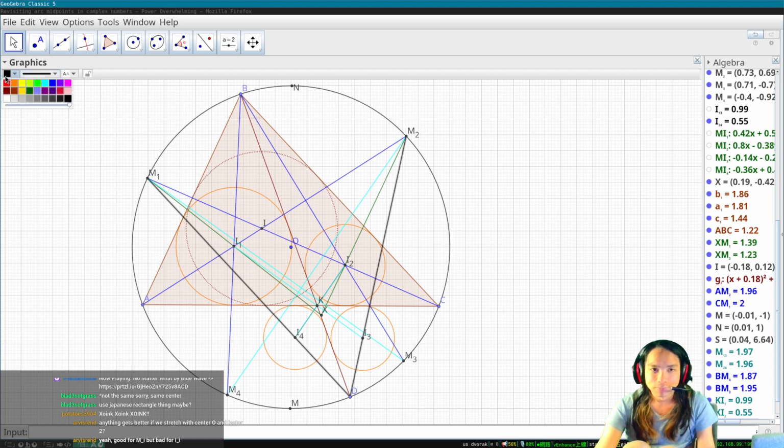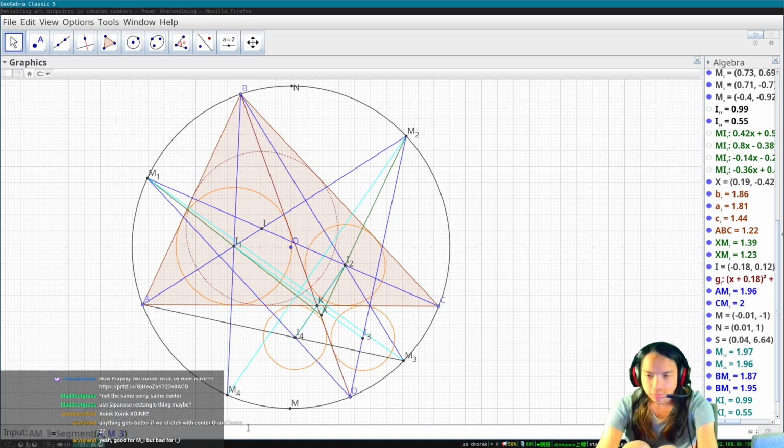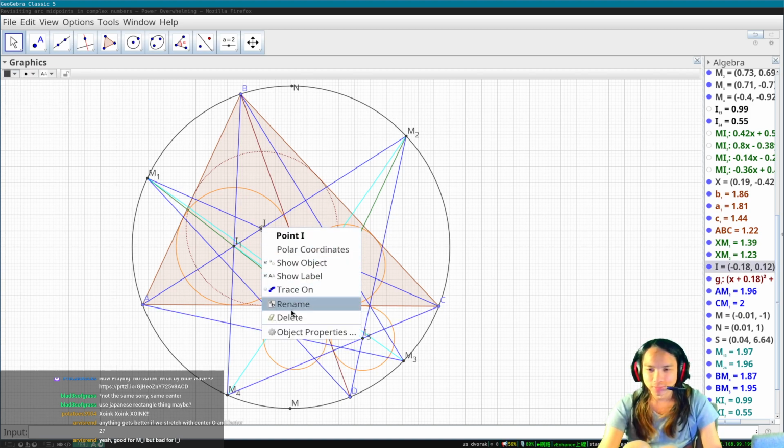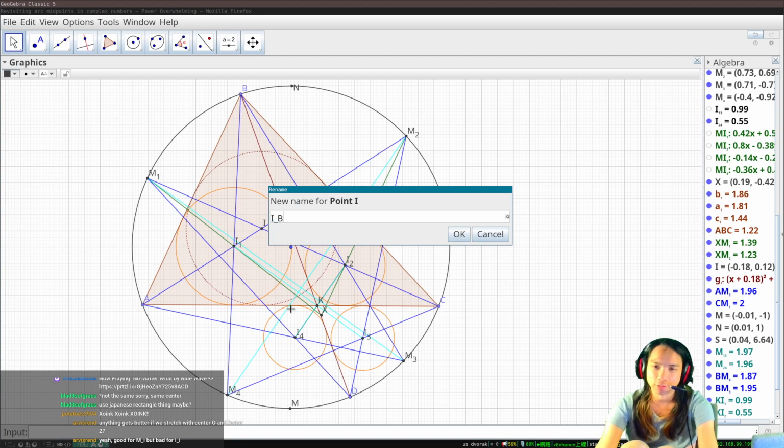Oh, these are blue. So there should be 8 of these, right? 1, 2. So I also need AM3 and CM4. Anyone know if there's a nice variant of Pascal for octagons or something? Ooh, okay, so now we're going to make this incenter not special because we're apparently doing it this way.